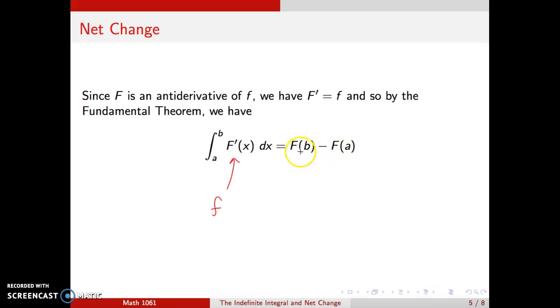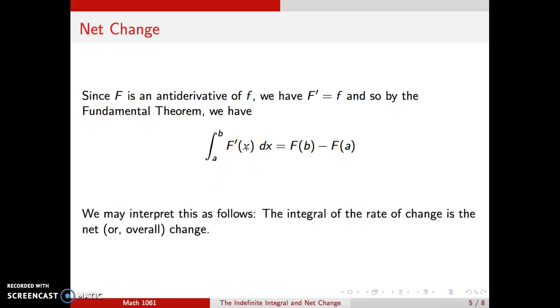So any antiderivative, evaluated at the endpoints. If we think of the integrand as capital F prime, our interpretation is that the integral of the rate of change is the net, or overall, change: the final value b, the initial value a, and the difference is the net change. It's a pretty cool thing.